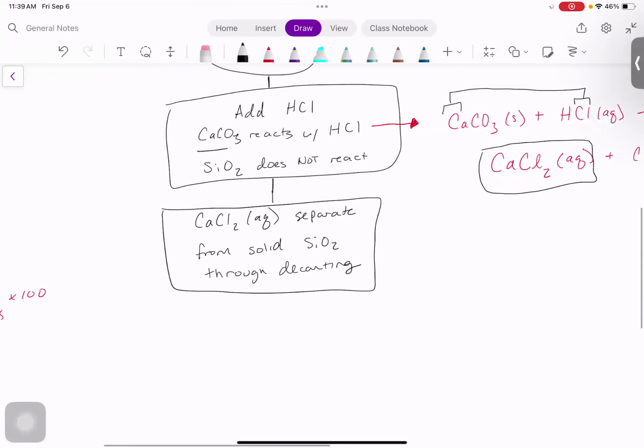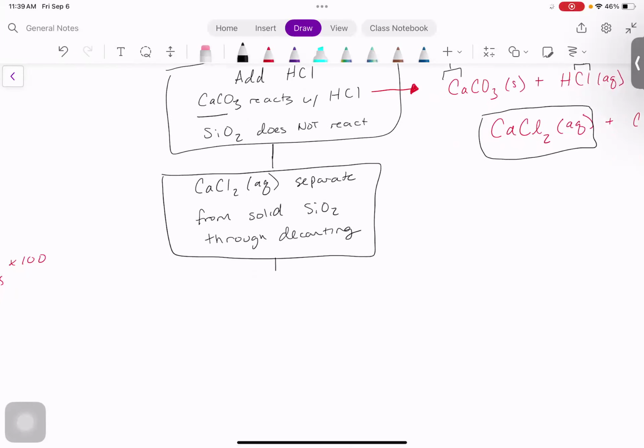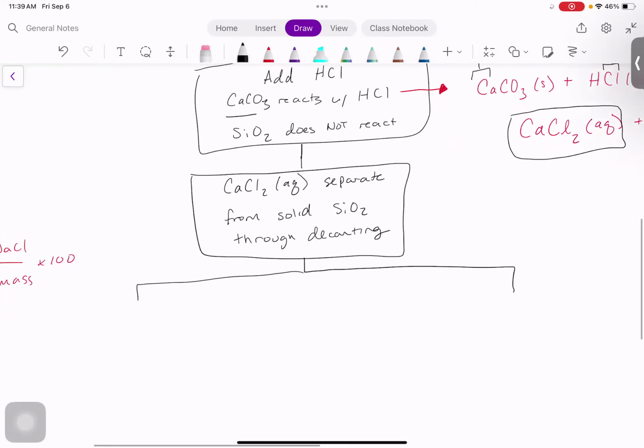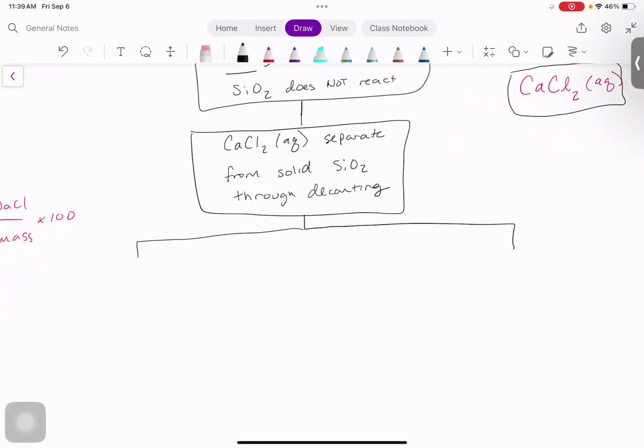And that allows us to, again, branch our flow chart because we're trying to get each of the components of our mixture completely isolated. So now that we've done this next step through this chemical reaction, we have silicon dioxide, solid, but there's also going to be just a little bit of water present in that, plus a small amount of water.